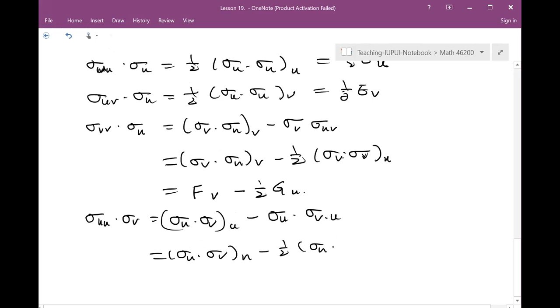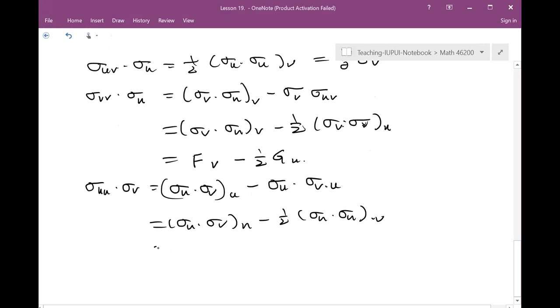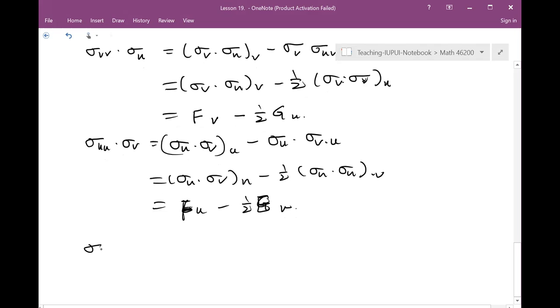Half of sigma U dot sigma U V. It's just the product rule. So this is FU, minus that is half of EV. Okay, and the next one is easy.